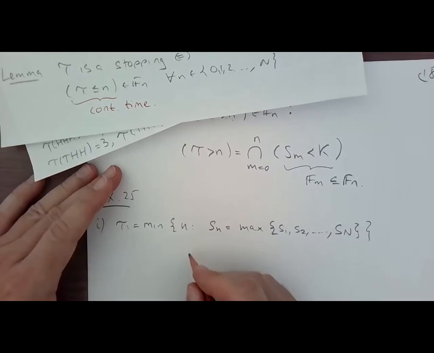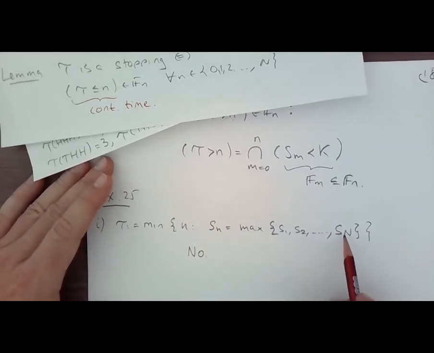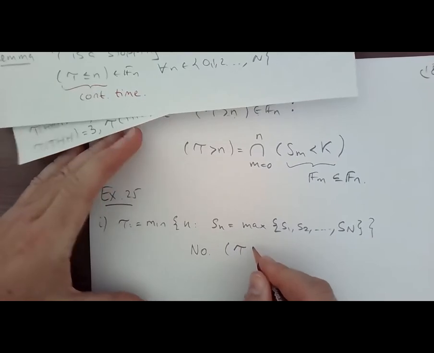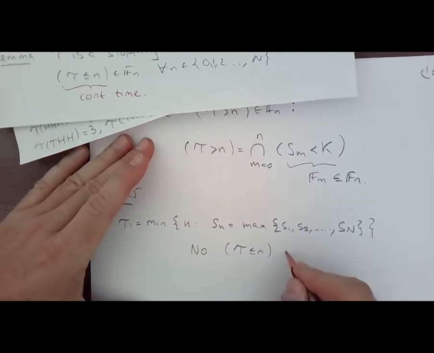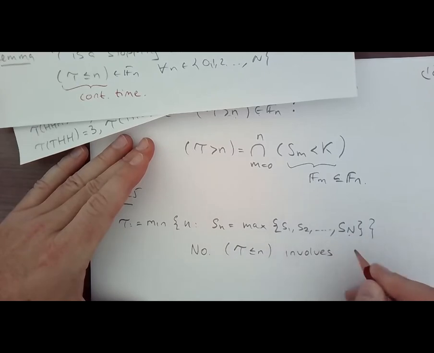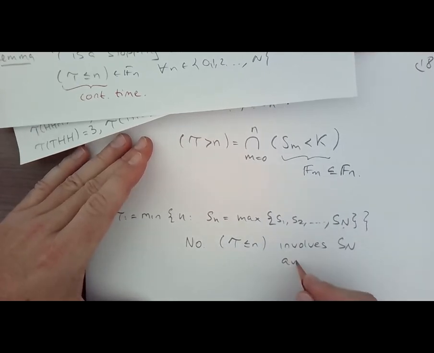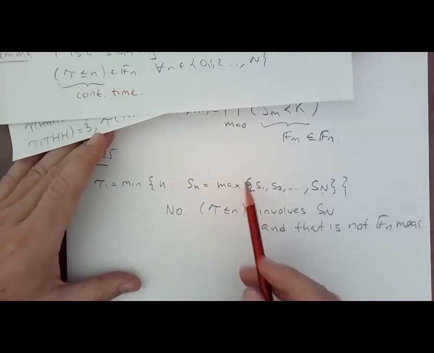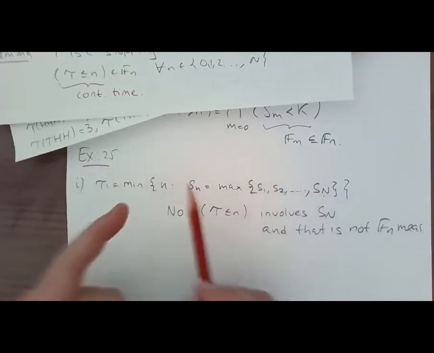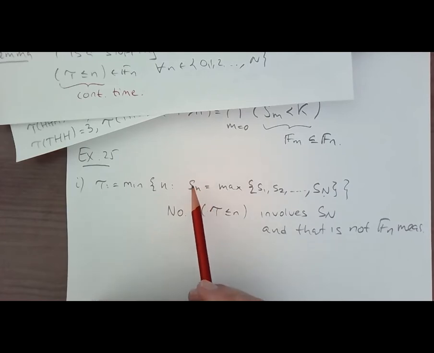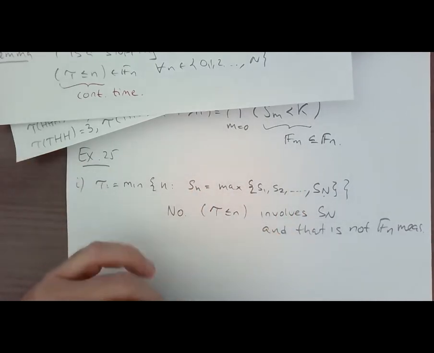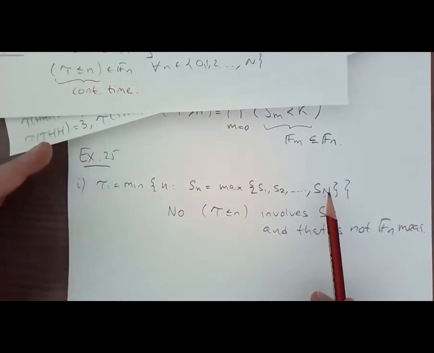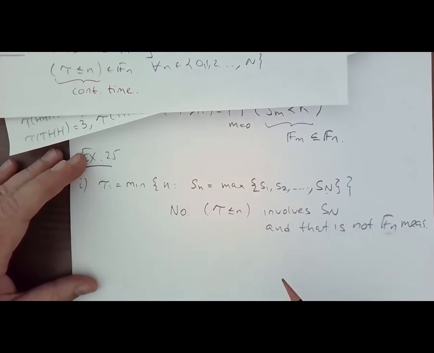Well, no. This involves checking something like tau being less than n. This involves S capital N, and that's not Fn measurable. So it involves looking into the future. That means that this condition here is violated. We can't do it.